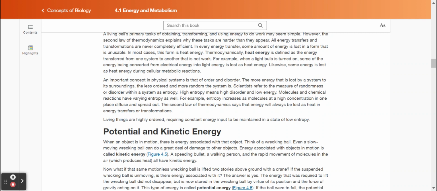For example, entropy increases as molecules at a high concentration in one place diffuse and spread out. The second law of thermodynamics says that energy will always be lost as heat in energy transfers or transformations. Living things are highly ordered, requiring constant energy input to be maintained in a state of low entropy.